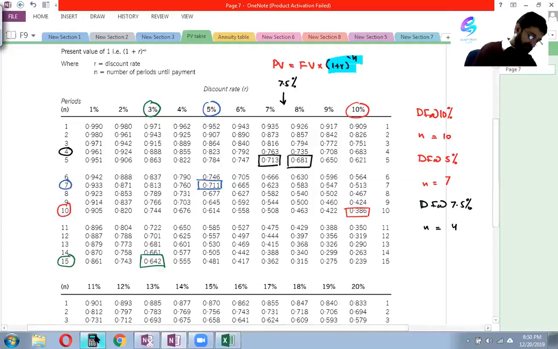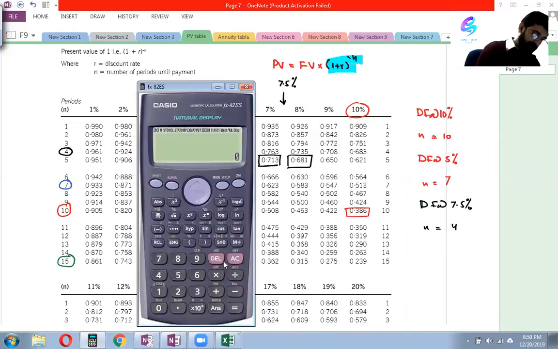For 7.5% and year 4, the exact value will be 1 plus 7.5%, which means 1.075 raised to the power, sorry, minus 4.